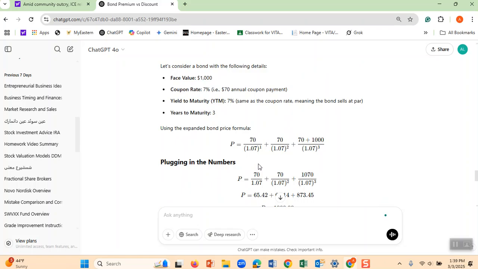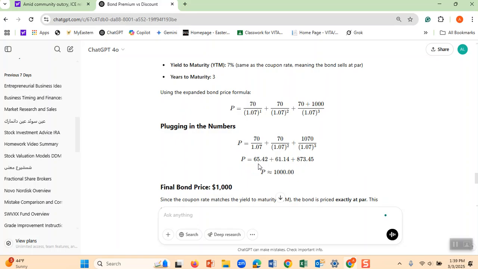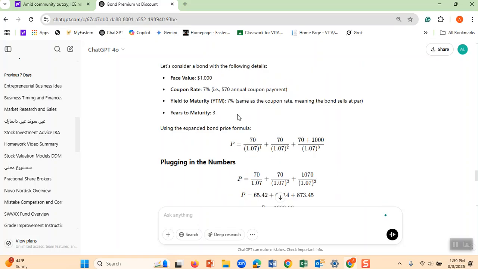And here is, let me give you this example, then we go to that one, which is the case of selling at a premium. Here, Donald Trump is telling you, give me $1,000. He is promising you a 7% coupon rate. 7% means $70. Do you see that?